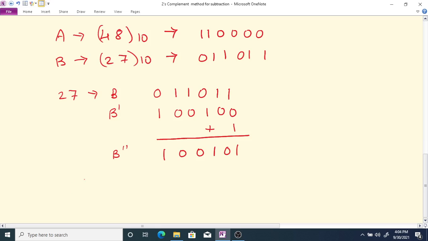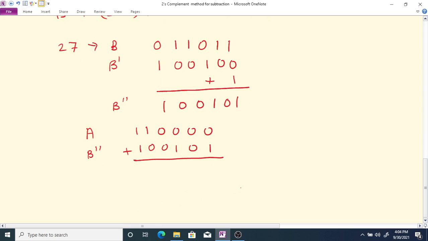Now we have to add this 2's complement, that is B double dash, to A. So here we will get 1010101. Now we can see that there is a carry present over here.